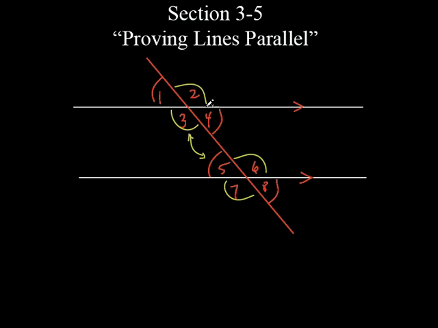Notice, all the red arcs are acute angles and they're all equal to each other. All the green arcs are equal to each other and they're obtuse angles. So when you have two parallel lines cut by a transversal, all the obtuse angles will equal each other and all the acute angles will equal each other. The obtuse and the acute, same thing right here and here, would be supplementary because they're consecutive interior angles.